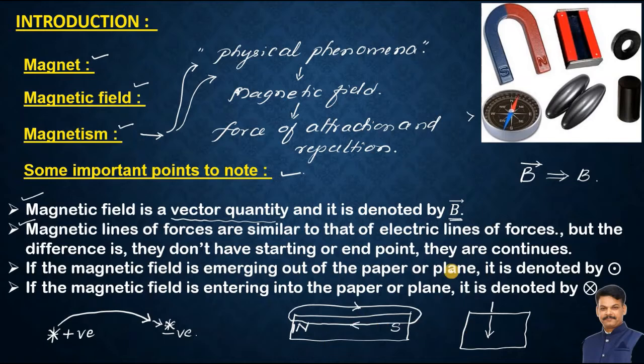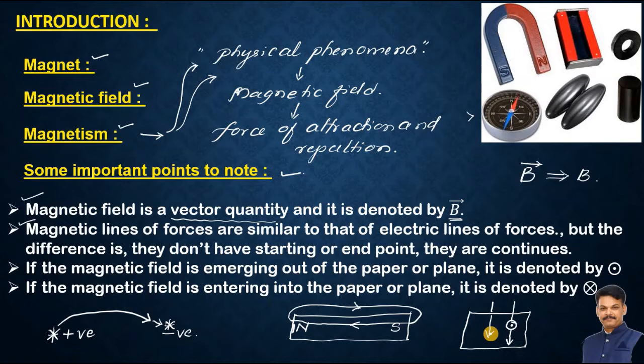In such a case, the magnetic field lines are denoted by a dot with a circle around it.